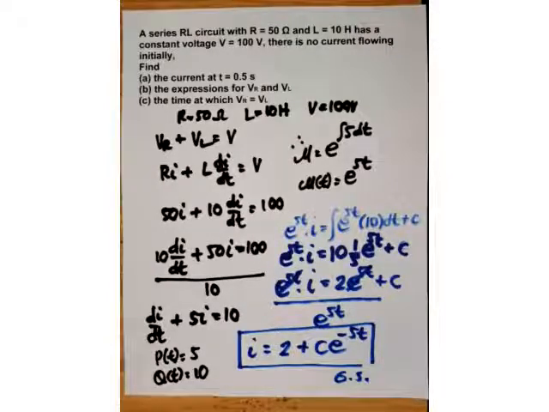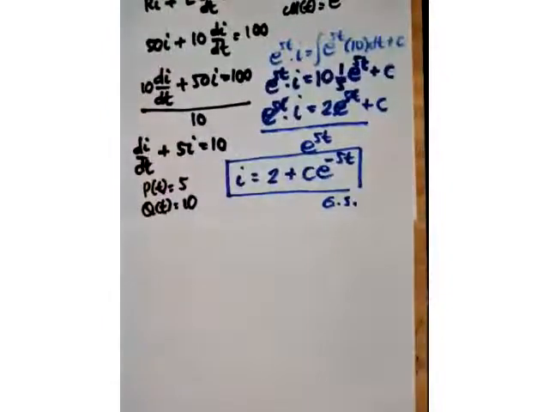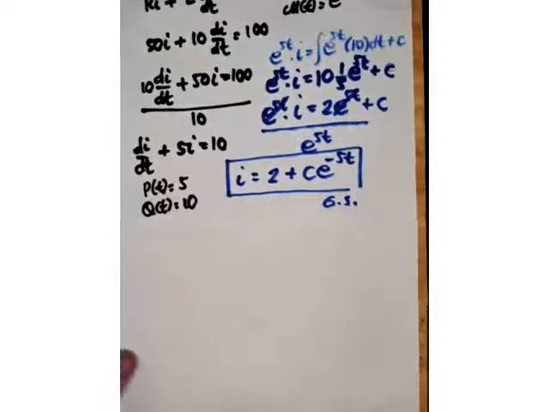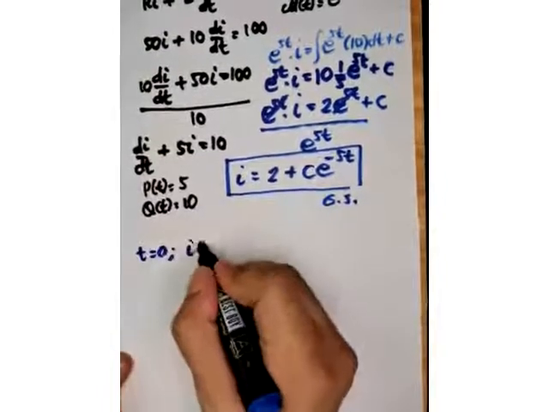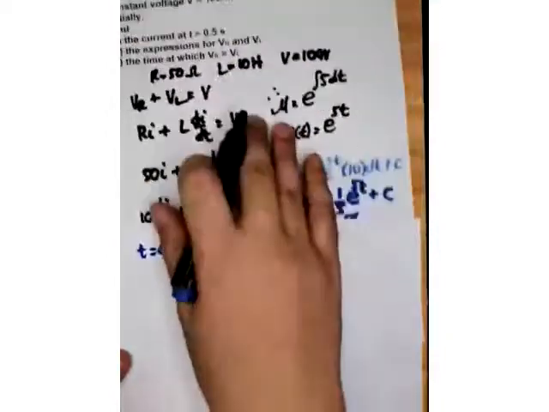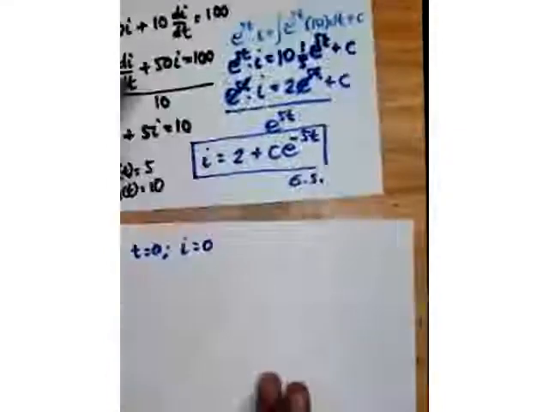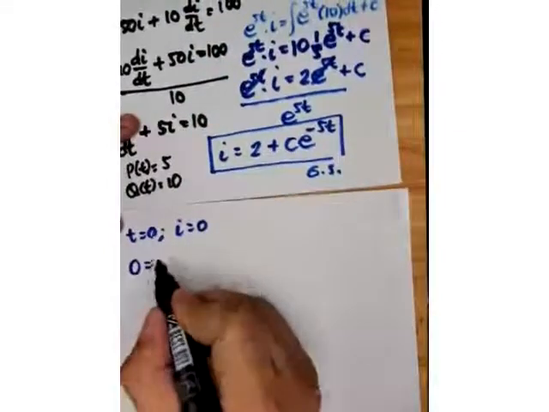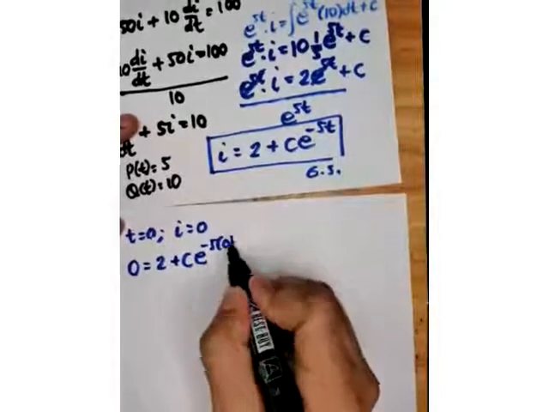Okay? Question? Next, we need to apply our condition that at time equal to 0, what is the current? Naka-mention naman dyan, there's no current flowing initially. So the current is 0. That means 0 is equal to 2 plus Ce raised to negative 5 times 0.